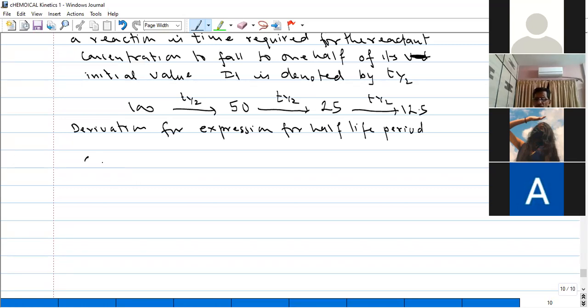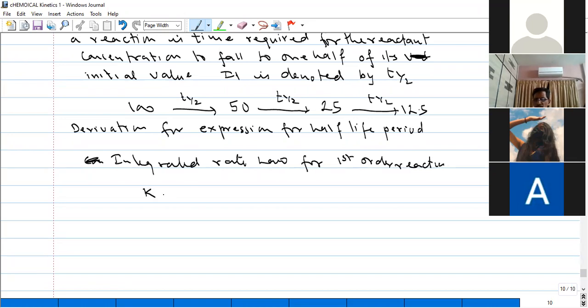From the integrated rate law for first order reaction, what is it?